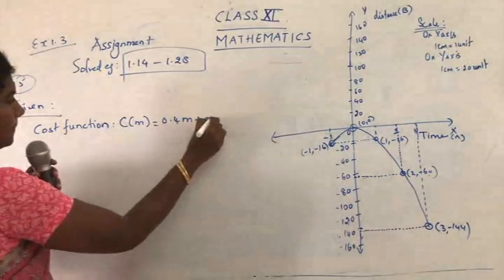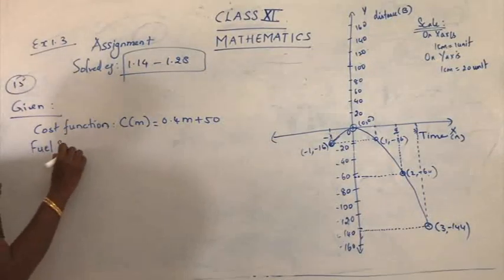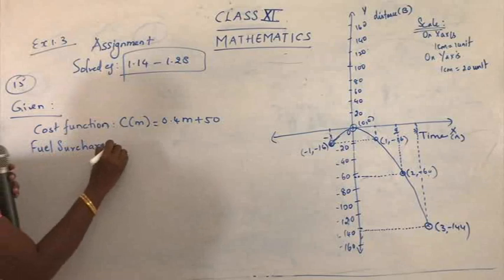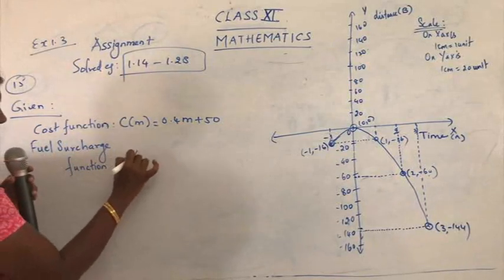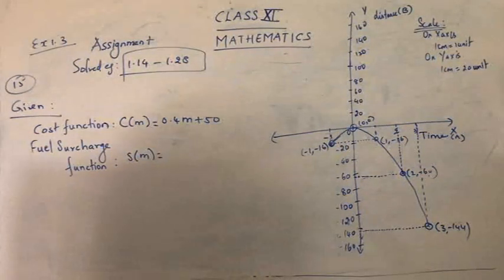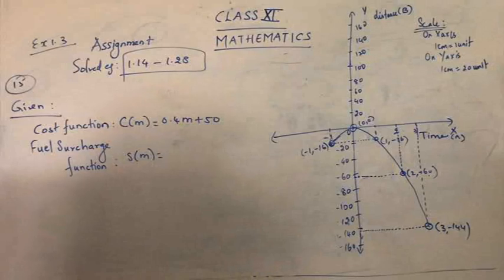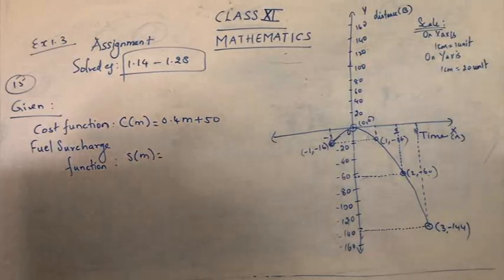And what is one more thing? Fuel surcharge function, S of M is equal to, so two functions are given. I am just writing the details that are given in the question. So cost function is C of M, 0.4M plus 50, and S of M is equal to 0.03M.